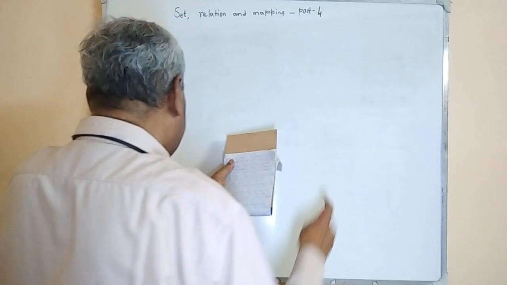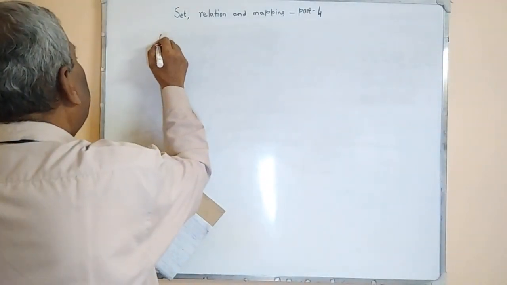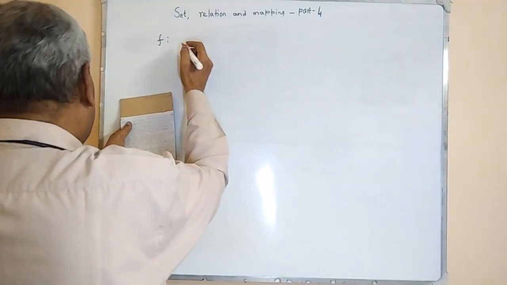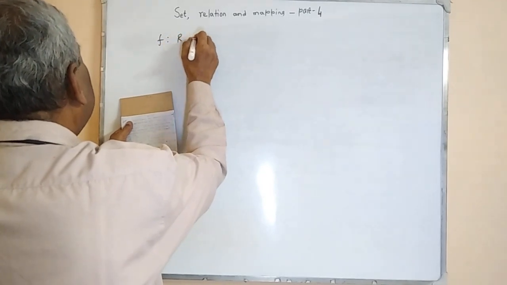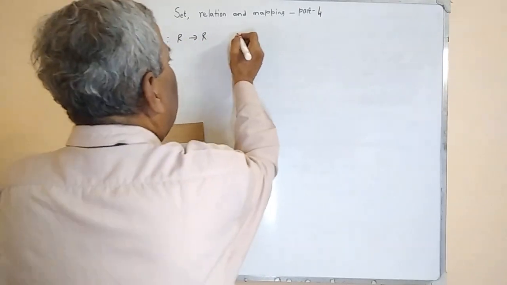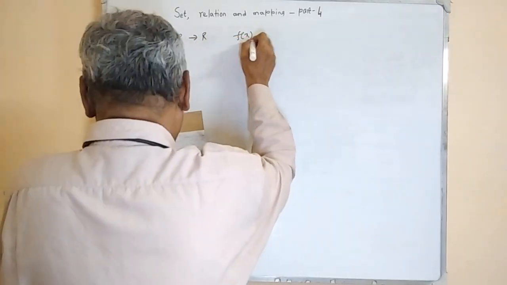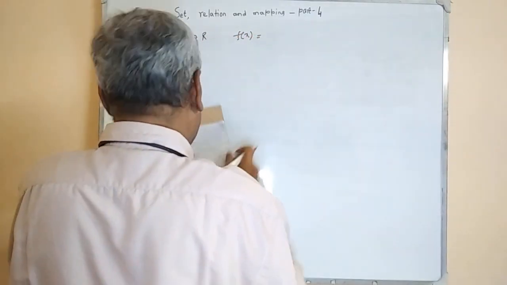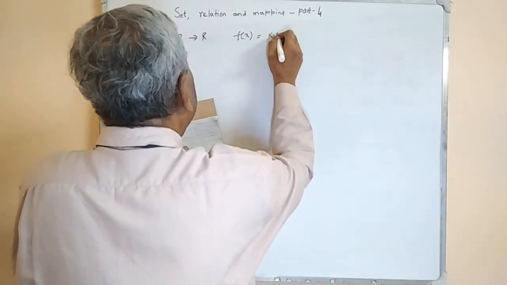Let f: R to R be a mapping where f(x) is equal to kx plus 2.